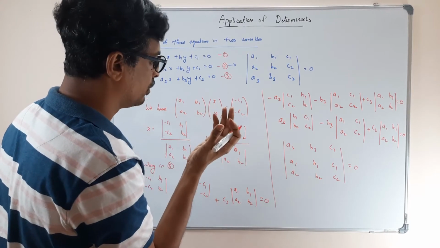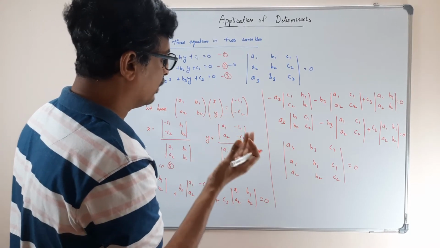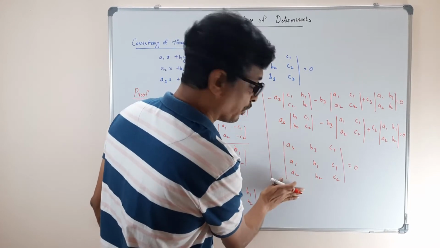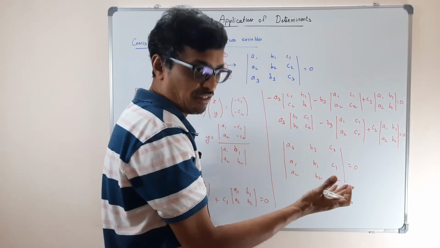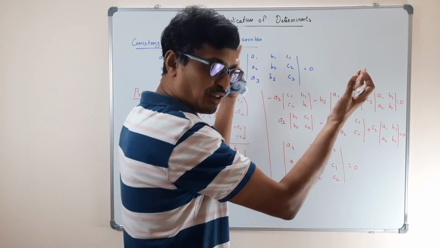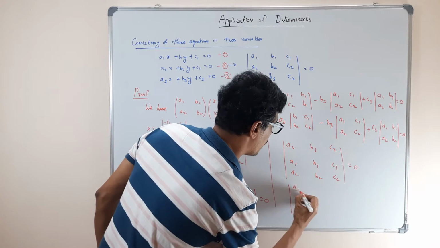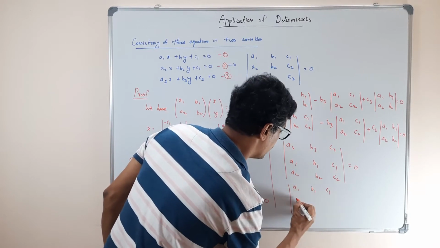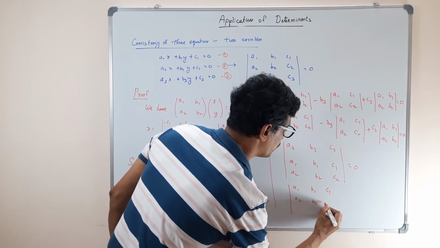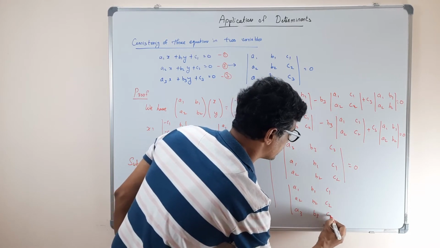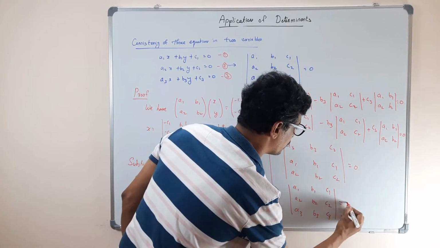Okay, you can always swap it down, correct? So it makes it negative, one minus sign, doesn't matter, anyway the right hand side is 0. So therefore A1, B1, C1, A2, B2, C2, and A3, B3, C3 will be equal to 0.